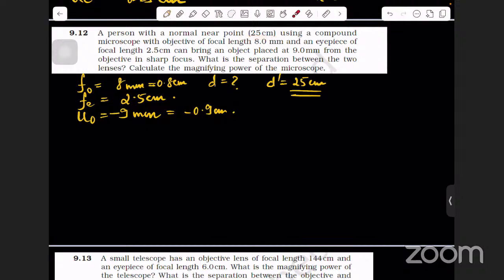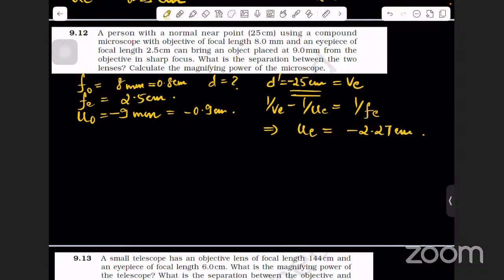For the eyepiece, the image will be formed at this point, right? It should be equals to VE. So 1 upon VE minus 1 upon UE is 1 upon FE. So from this, if you put the values, the UE turns out to be minus 2.257 centimeters.